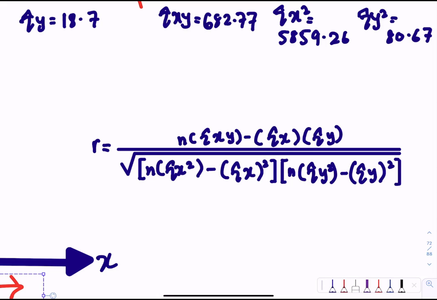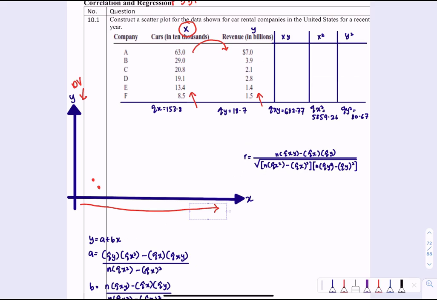Macam mana formula tu datang? Tak. Kita bukan belajar ini, this is not a mathematical class or mathematical derivation subject. Ini hanya kita nak guna this formula. We insert the value inside the formula. We get the number, a specific number.